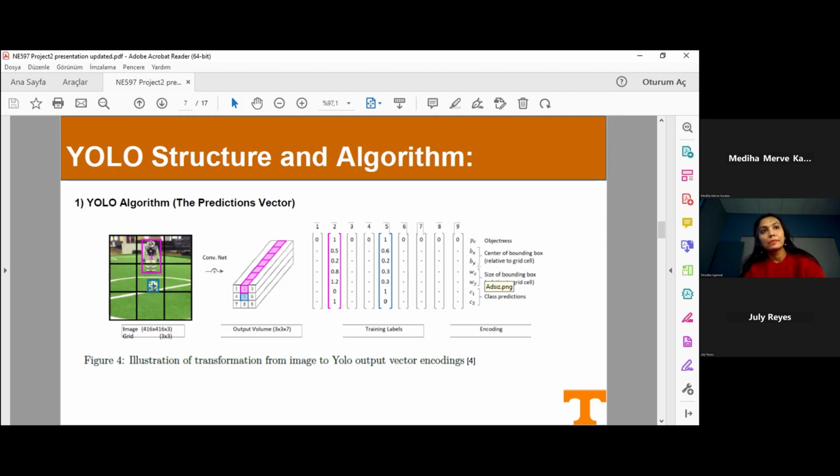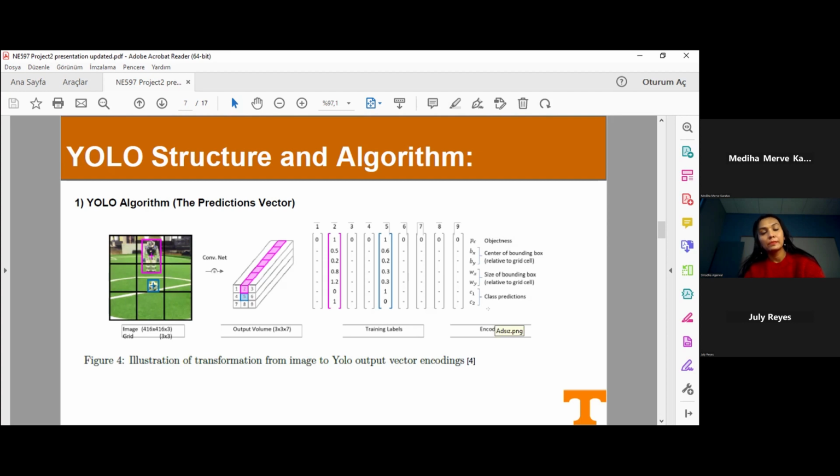Bx, By define the center of the bounding box, and Wx, Wy are the width and height. And then C1 and C2 represent the conditional probability of the class, given that there's an object.